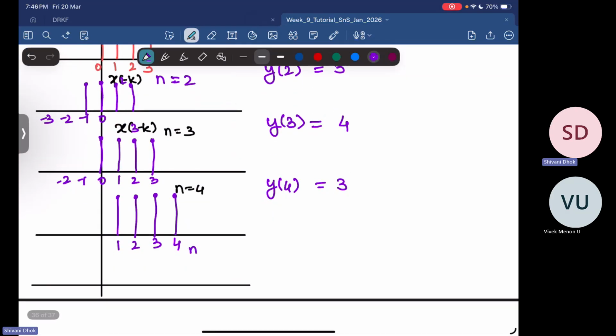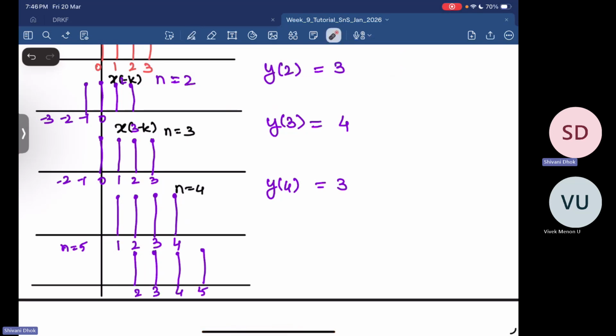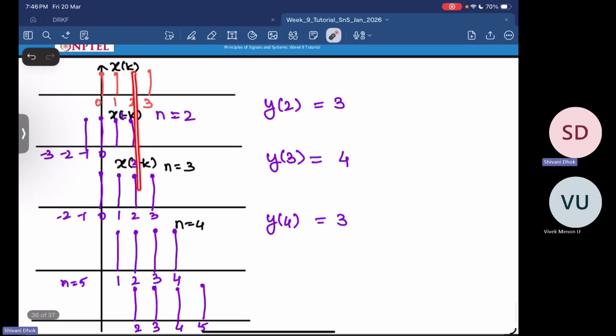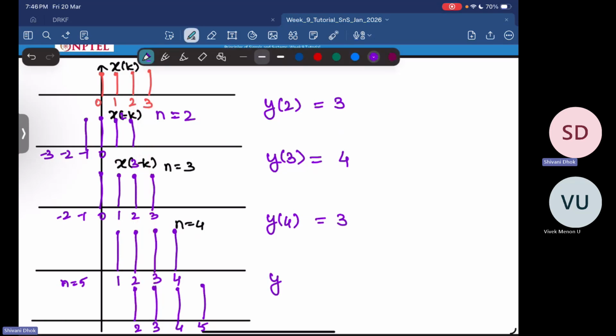Now if you again shift it by 1 unit, so n equal to 5, you will now have overlap at these locations, that is 2, 3, 4, 5. So you have 2 and 3. So y of 5 is 2.